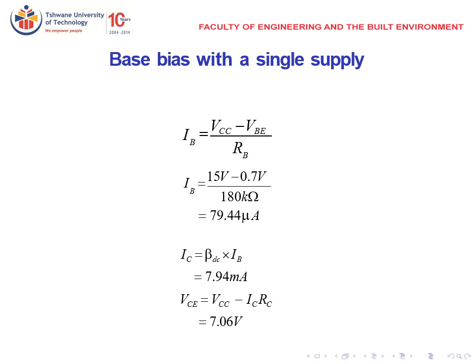So that resistor drop is equal to IC times RC. We know the value of IC, we know the value of RC, so the only unknown is VCE. So VCC minus ICRC, giving us 7.06.